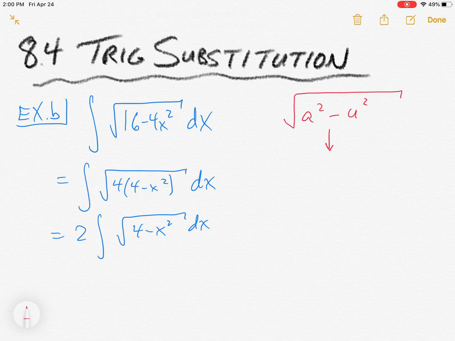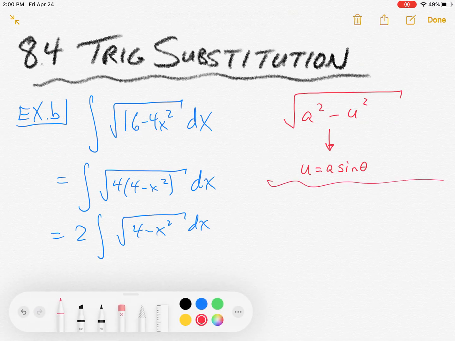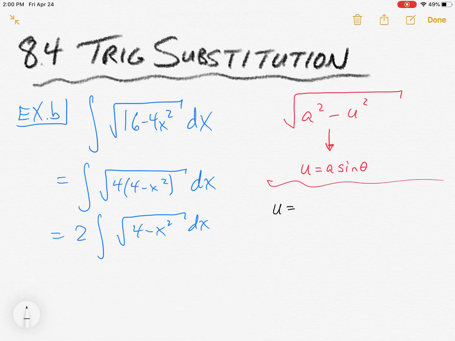Do you remember which one it looks like? It looks like the one like this. A squared minus u squared, right? And on that one is where your substitution needs to be u equals a sine theta.